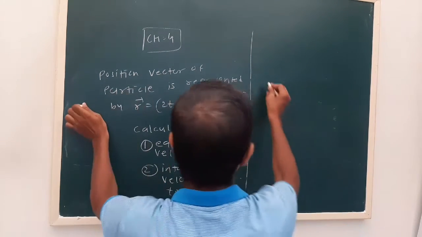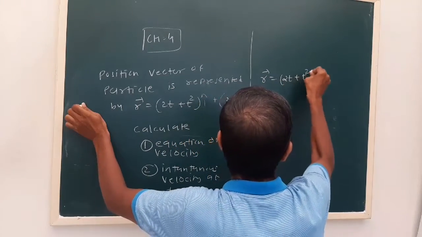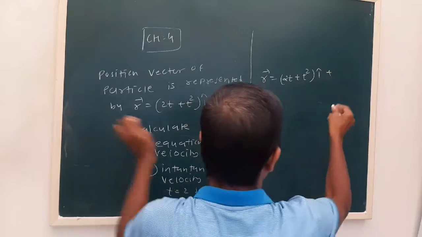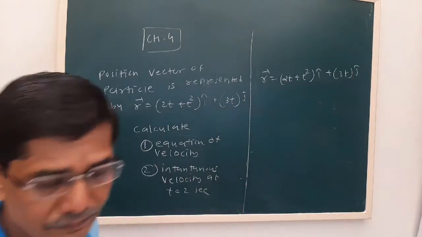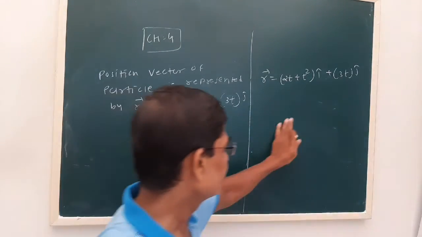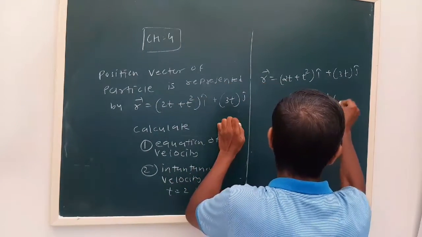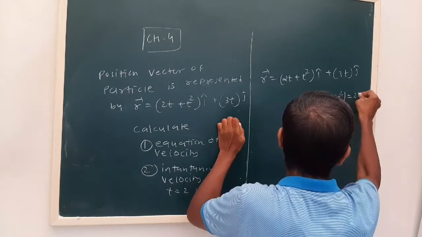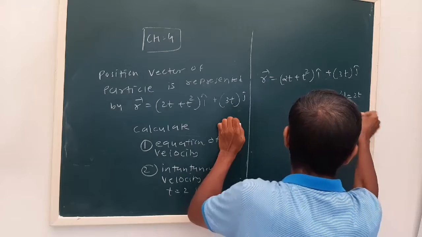Now, the derivatives we have seen earlier, but let us revisit the formulas. We have to remember the derivative of t square is 2t, and the derivative of t is 1.